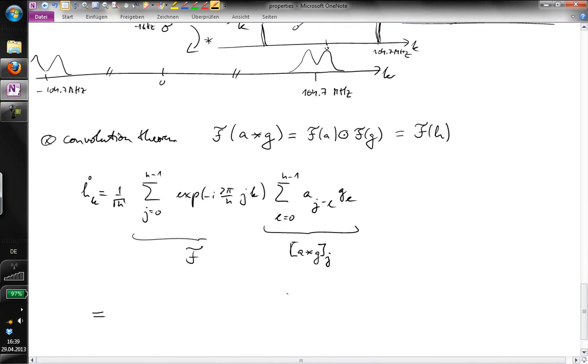I can now reorder my summations, taking the sum over L first, and then the sum over J.